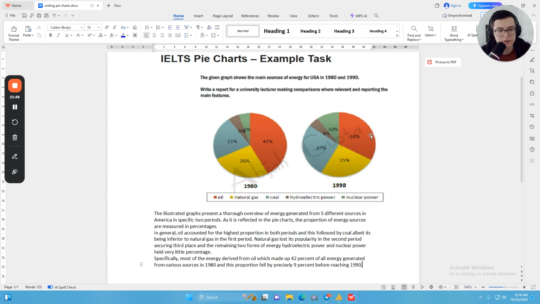So I'm comparing two data sets here, and I again start with moving on to the next source of energy, which is coal, right?